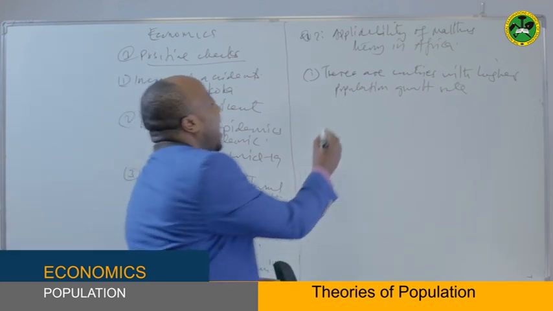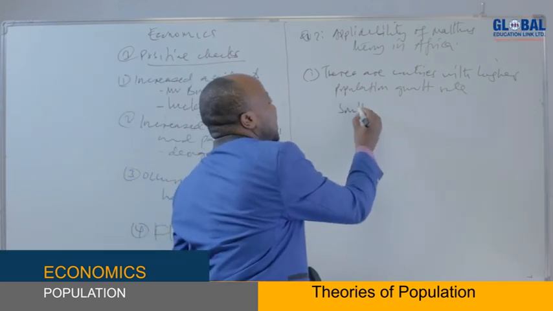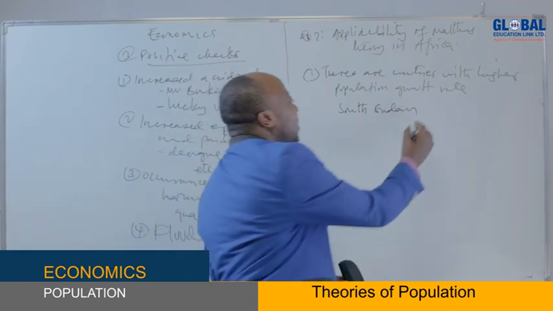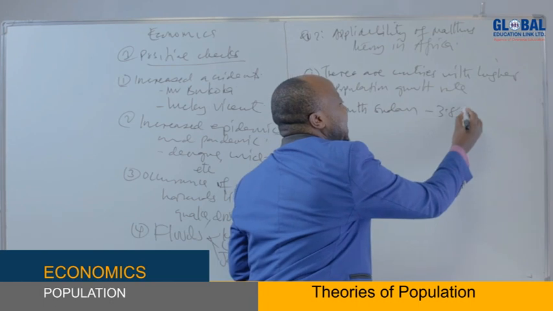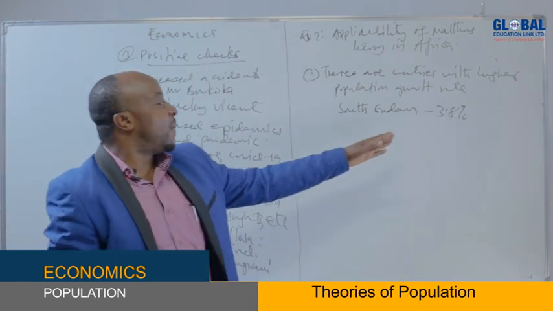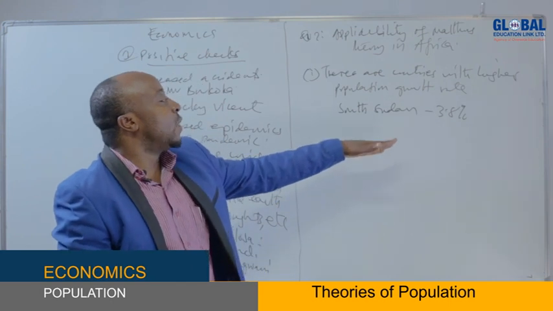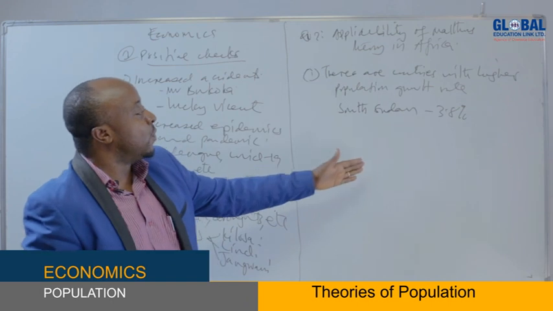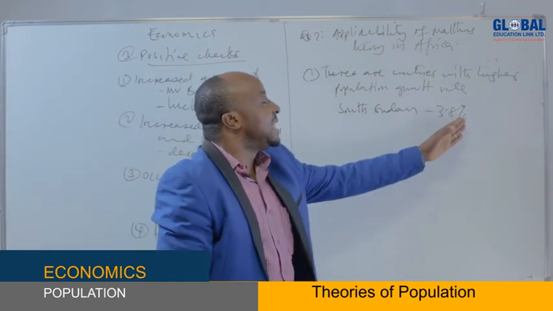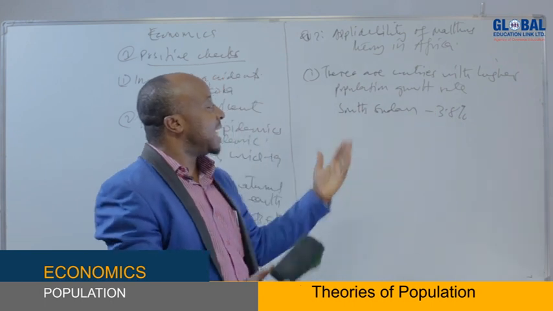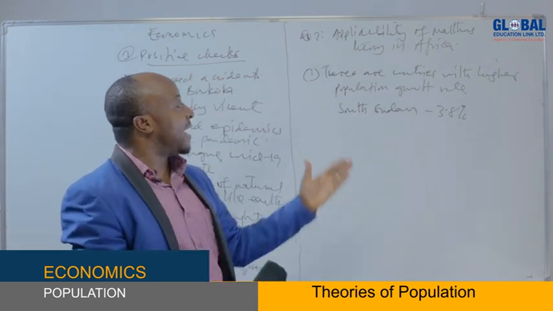For example, we have South Sudan, where the population growth rate is now 3.8%. This is very big, because in developed countries you can find it is below 2. You can find 1.8, 1.5. So if it is going to 3.8%, this is an indicator that there is higher population growth in some areas in Africa.